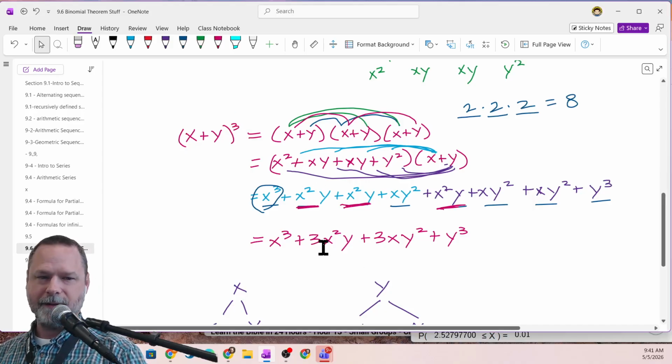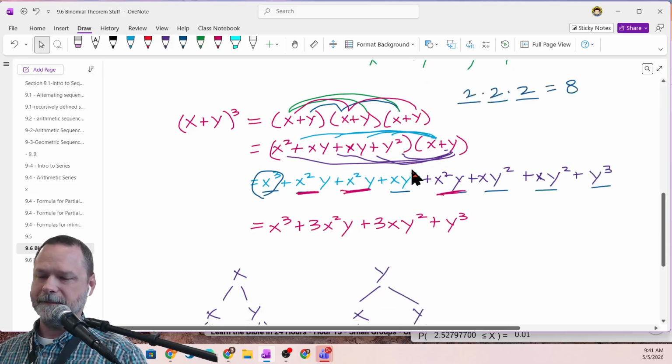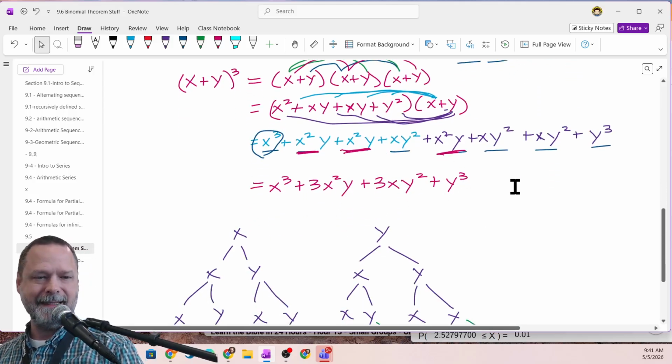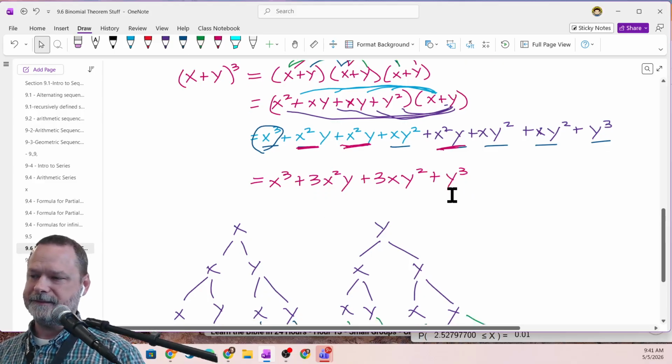How many ways are there to pick 1 y out of 3? There's 3 ways. We had 3 right here. 2 y's out of 3 choices, right? 3. How many ways are there to pick 3? This is 3 choose 3 is 1. So we see that pattern here. These are the exact same things.